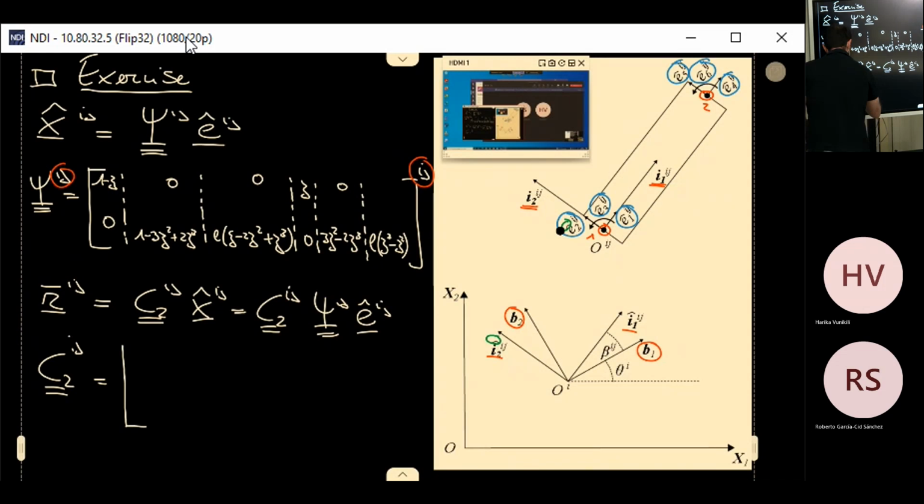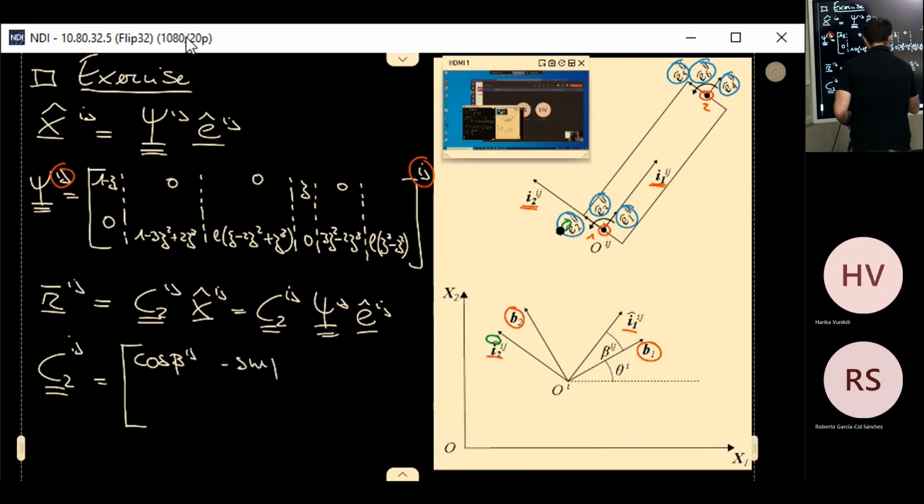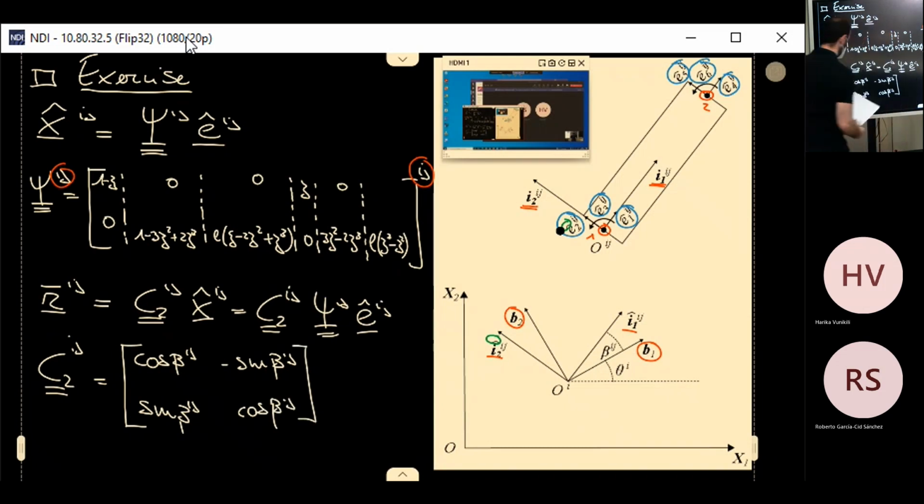So, knowing that the angle is beta between the intermediate frame and the body frame, you will have to write it like such. Minus sinus of beta ij, sinus of beta ij, and cosinus of beta ij. It's the typical 2D matrix.